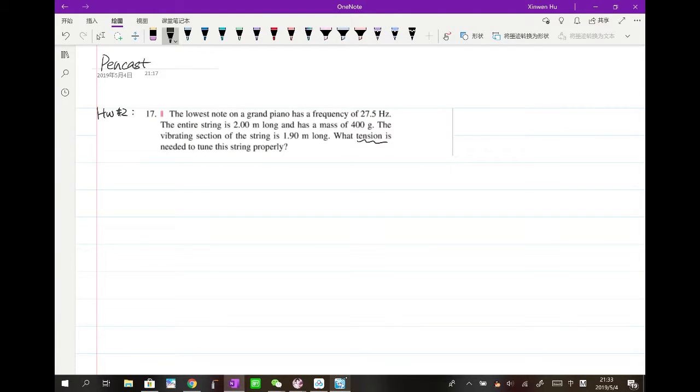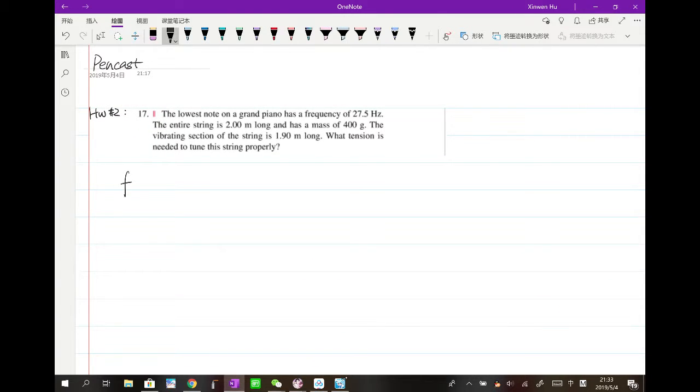The problem I did is homework 2, number 17. In this problem, you know that the frequency is 27.5 Hz. The entire length of the string is 2 meters.